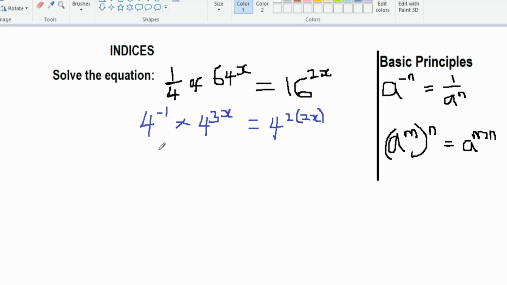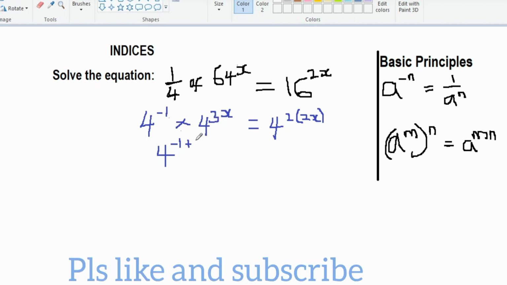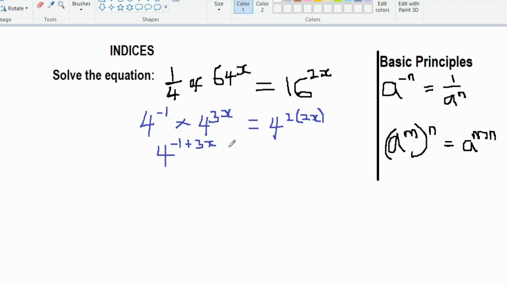We can apply another principle, which means that we take one of the 4s and say minus 1 plus 3x equals 4 raised to power 2 times 2x, and that gives us 4x.